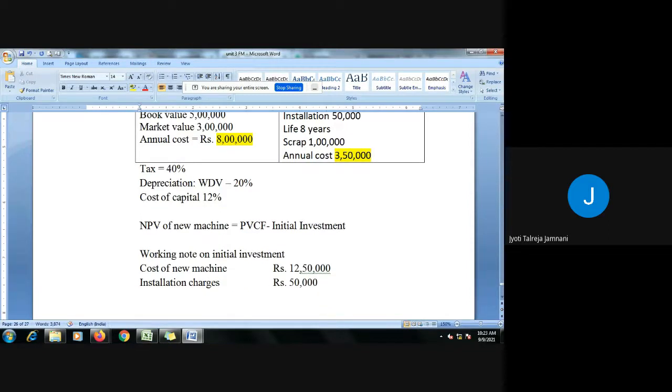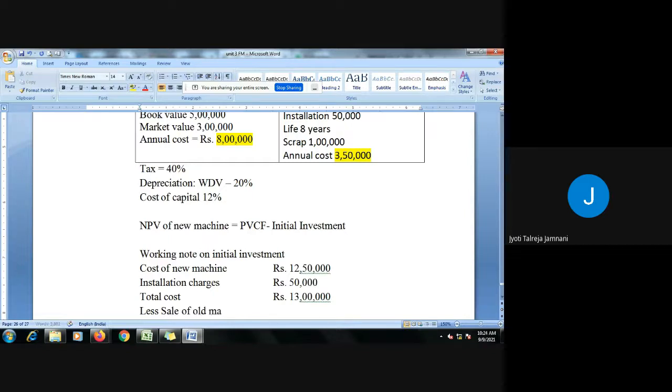So total cost, rupees 13 lakh. But out of this 13 lakh, if you sell the old machine, you will be able to recover, less sale of old machine.